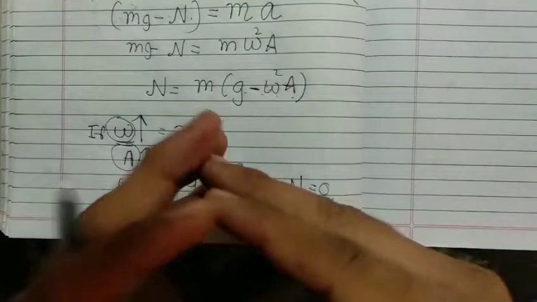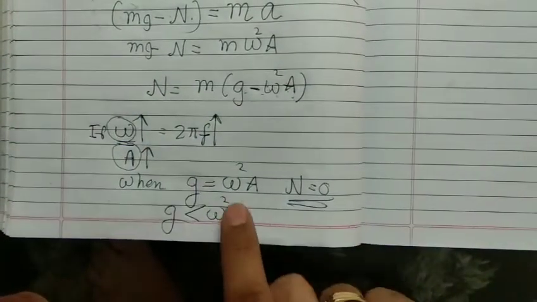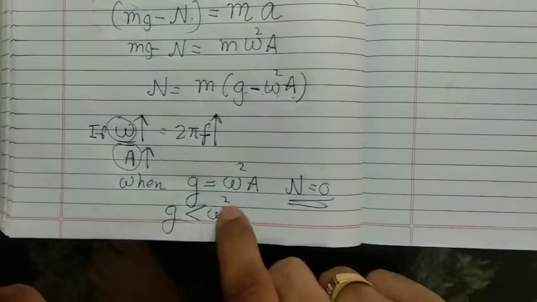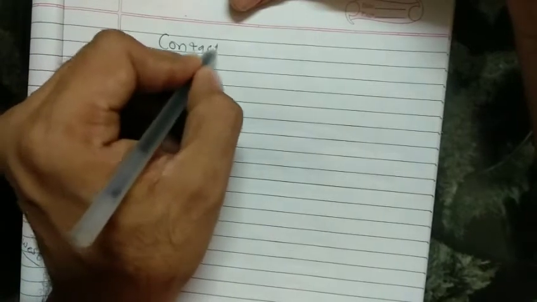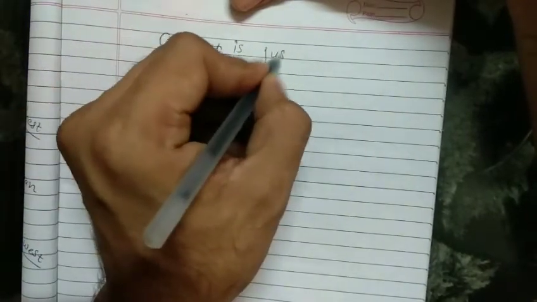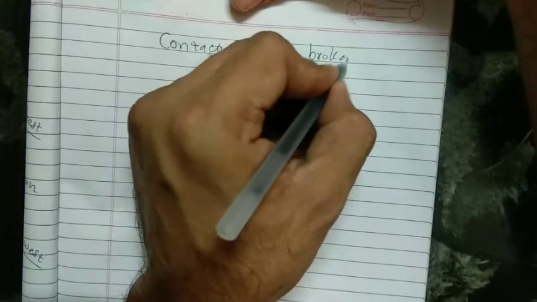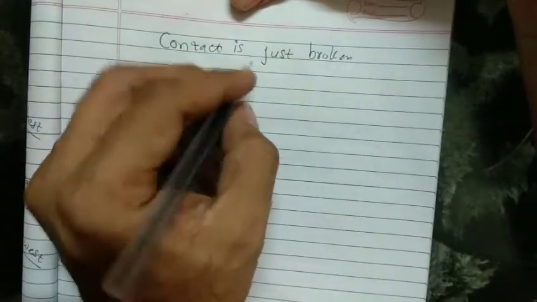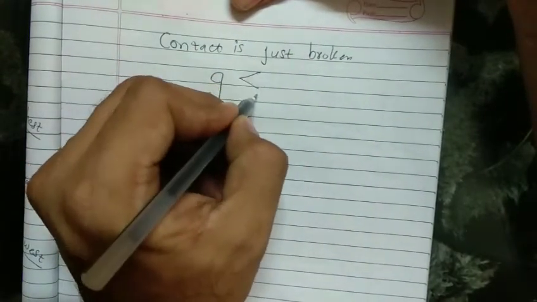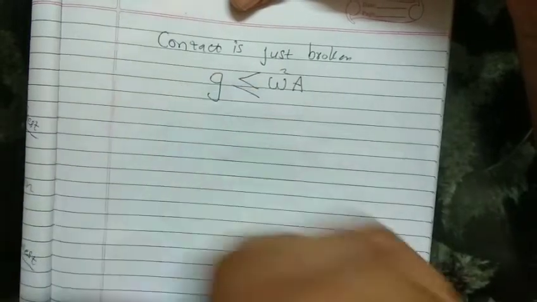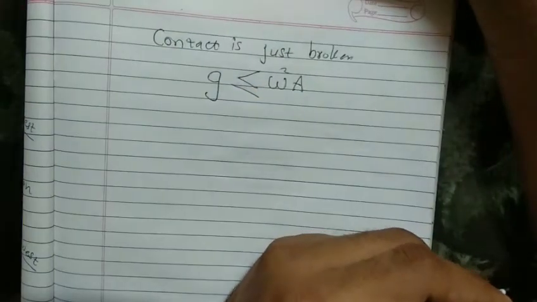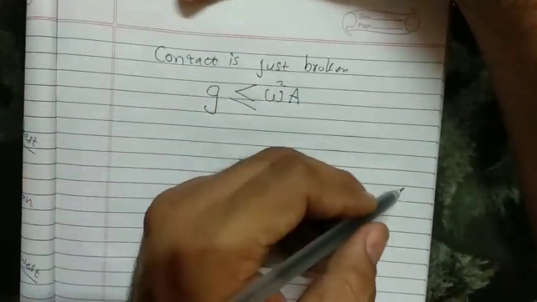If N becomes 0, it's a case of contact being broken. Contact is just broken when g becomes equal to omega square A, or if g becomes less than omega square A, the contact will definitely be broken. The contact will be maintained if g is more than omega square A.